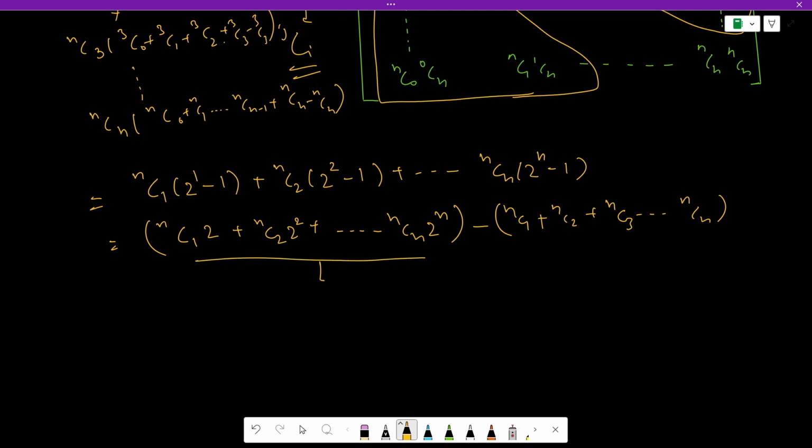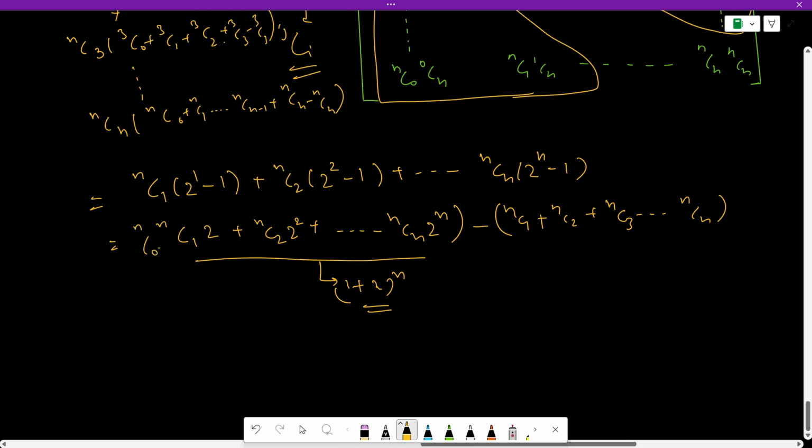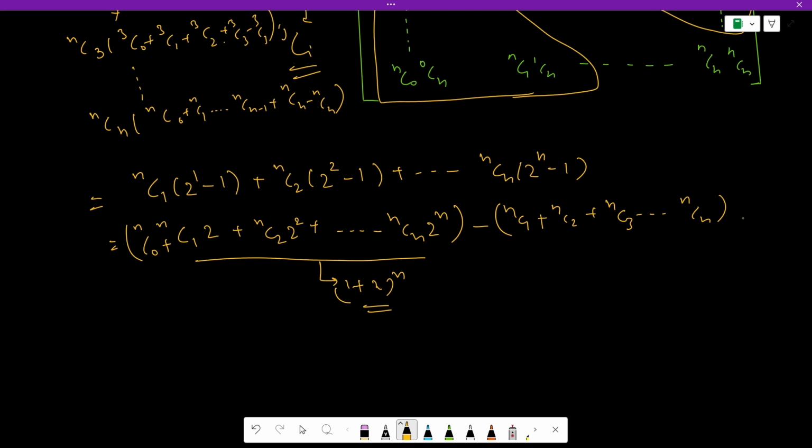Right, now this is like a binomial expansion of 1 plus x raised to the power n, but what is missing is the c0 part, so we will add and subtract it. So let's add nC0, and we can just write a minus 1 here.